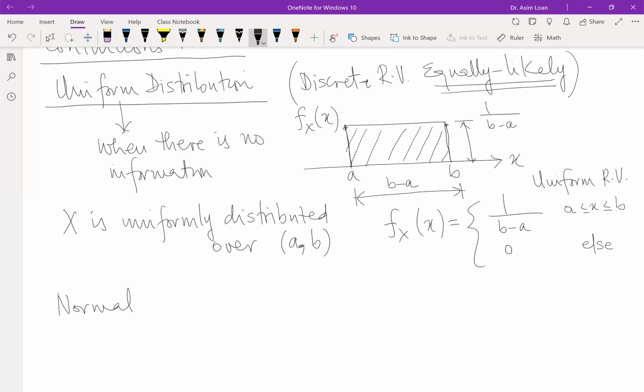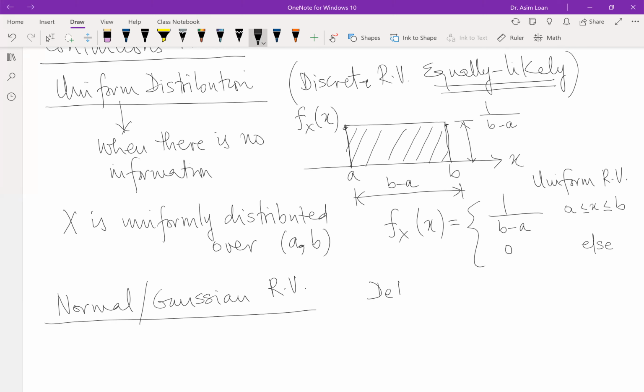So I'll do some calculations or do some examples later on in the lecture, inshallah. So normal or Gaussian random variable, if you have studied the De Moivre-Laplace theorem, I think spelling is the same.